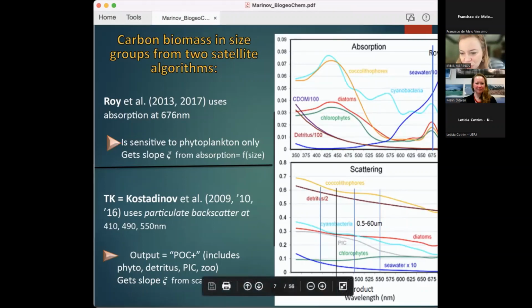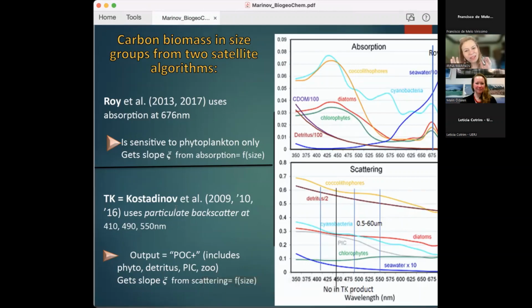What we're not showing here are zooplankton. It is also possible for zooplankton to scatter at these wavelengths. So we established that the Kostadinov data set will represent primarily not just phytoplankton, but also perhaps detritus and zooplankton. So we call this a POC product, particulate organic carbon product.